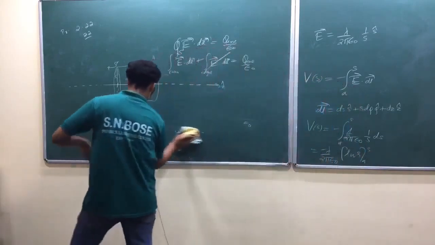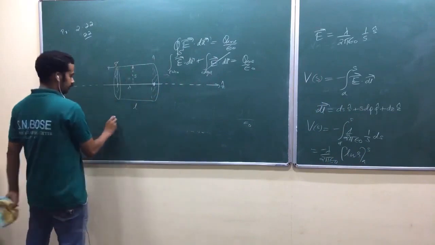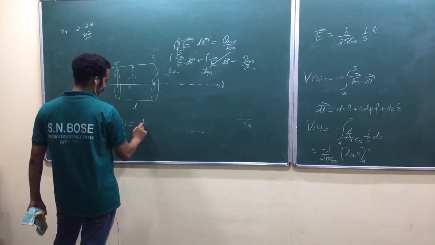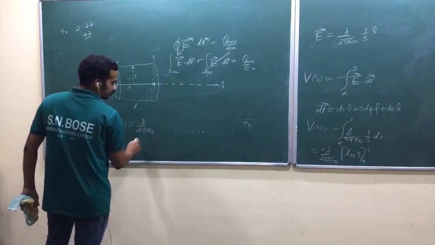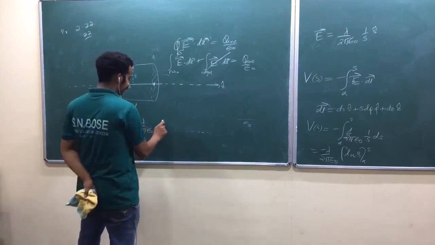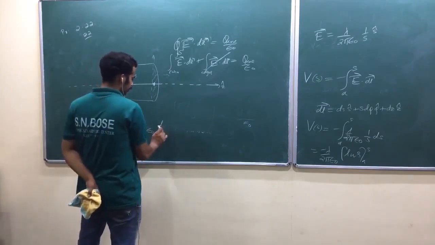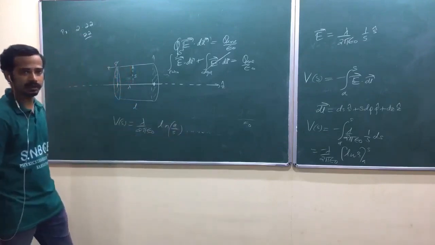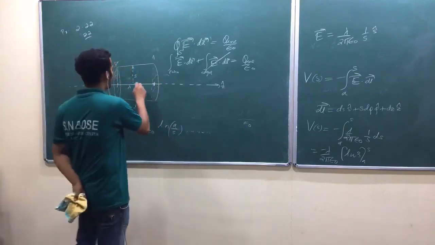Ultimate answer: potential at S is lambda by 2 pi epsilon naught, log A minus log S, that is ln A by S, with the negative sign taken inside. A is some point somewhere here.